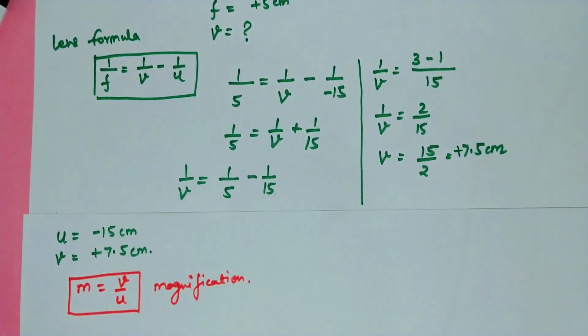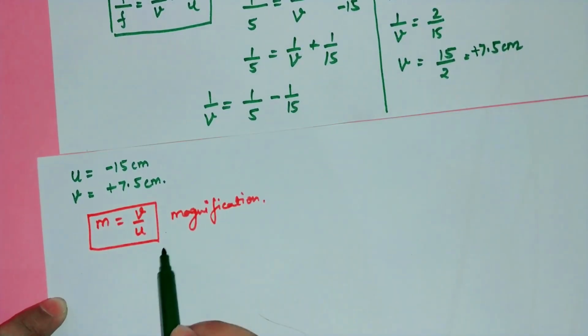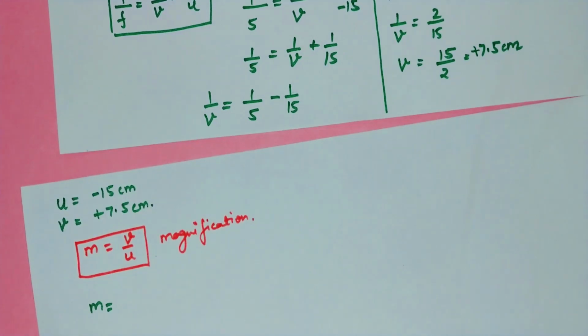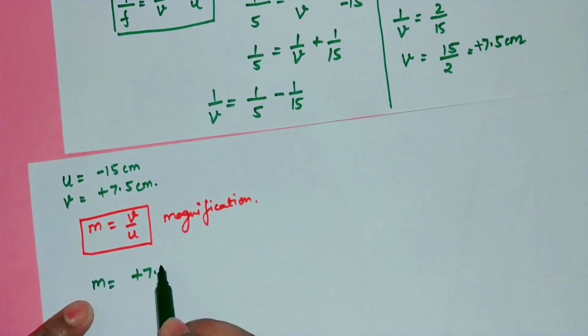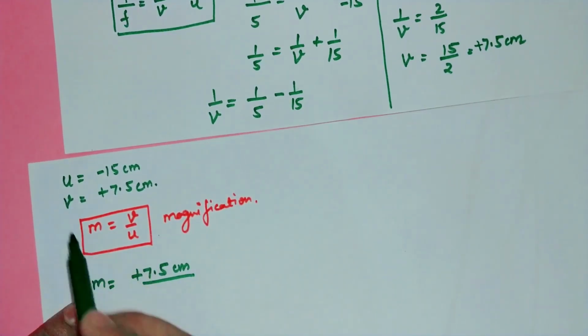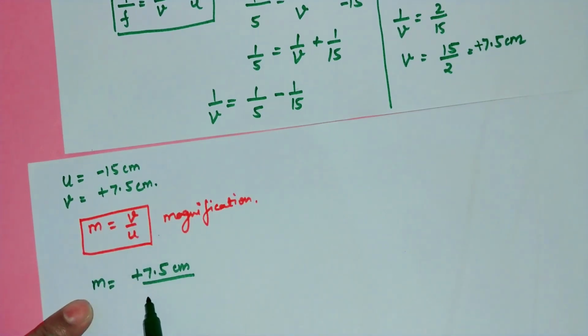So m is equal to v, which is positive 7.5 centimeter, divided by u, which is minus 15 centimeter. 7.5 can be written as 15 by 2, divided by 15, and the sign is negative, so 15 and 15 cancel. m is equal to minus 1 by 2, so m is equal to minus 0.5.